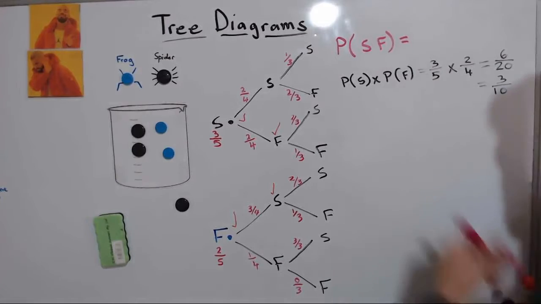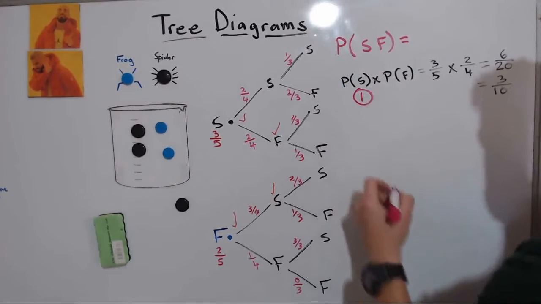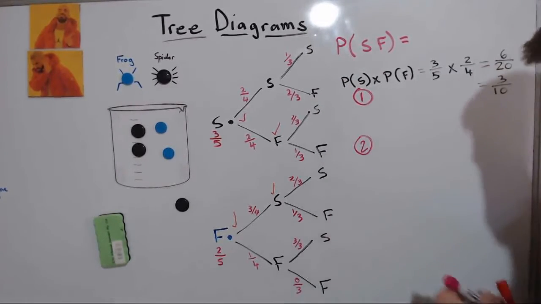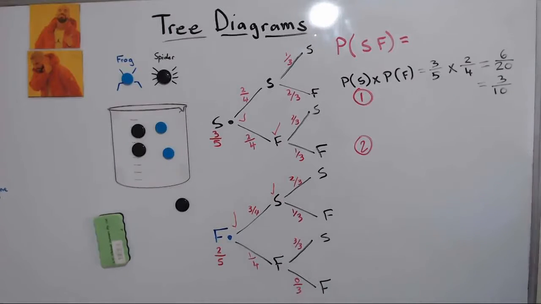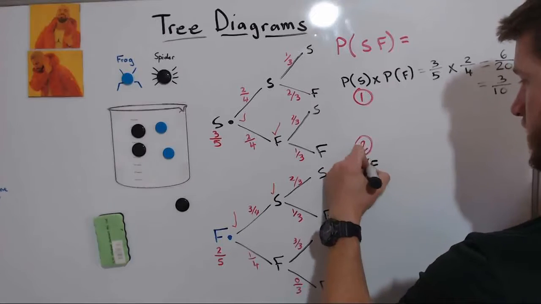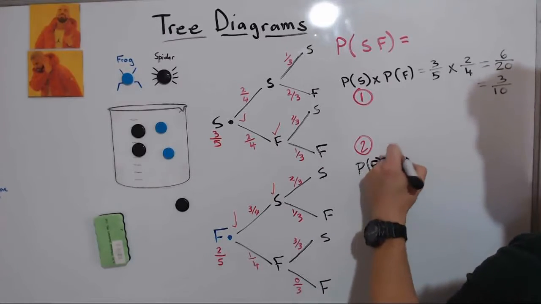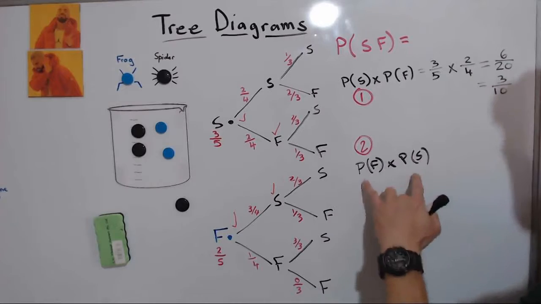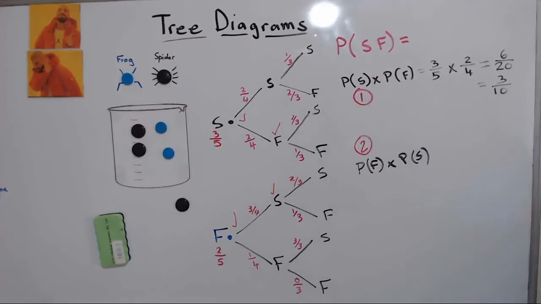That is option 1. Option 2 now, if I look at the second half of my branch, tells me that I can have probability of frog times the probability of the spider, because these aren't important. I don't care about the order.